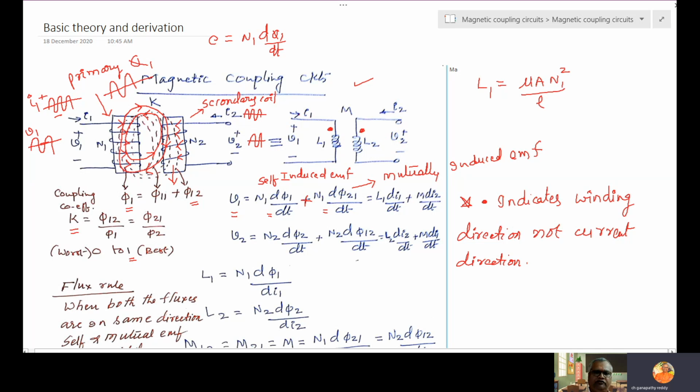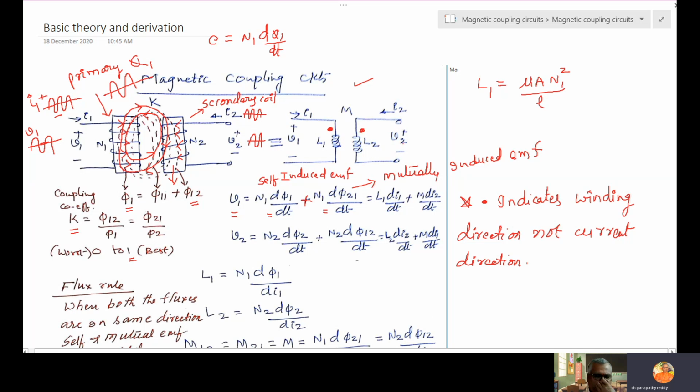Fourth combination: I1 entering at the undotted, sensing at the undotted, is again positive, since negative with negative becomes positive. So what are the four combinations? I1 entering at the dot, sensing at the dot is positive. Any one condition changes, negative. Both the conditions change, again positive. This is called the dot sign convention.